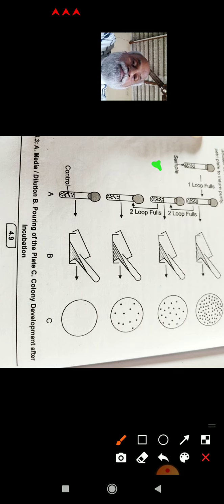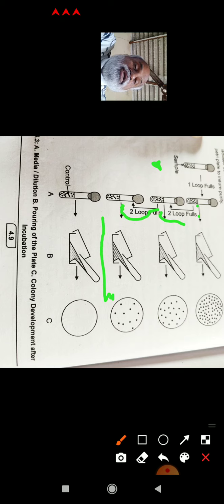See here, this is the sample tube, and one loop is transferred to this tube, and from the same tube another loop or two loops are transferred to another culture tube, and from the second culture tube to the third. Like this, in the third there will be more dilution, and see the result here.